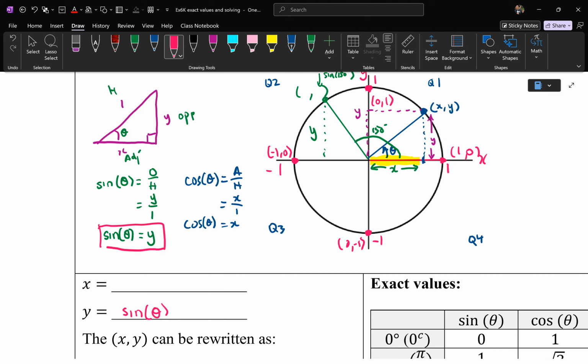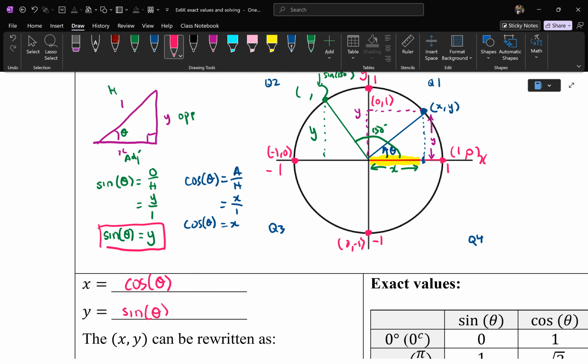So every time you type cos of theta on your calculator, what you're also working out is the x coordinate. Okay, so if I did cos of 150, it only tells me where the x coordinate is on the Cartesian plane. That's what it represents.